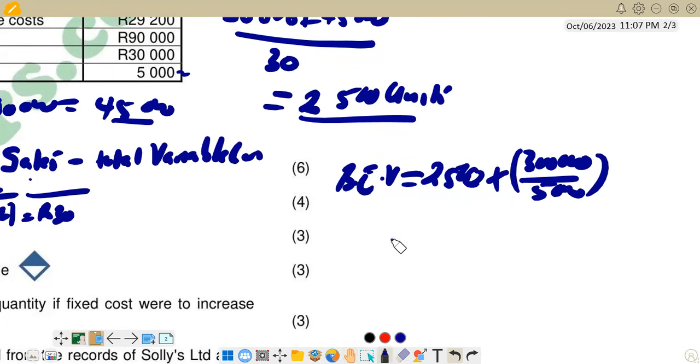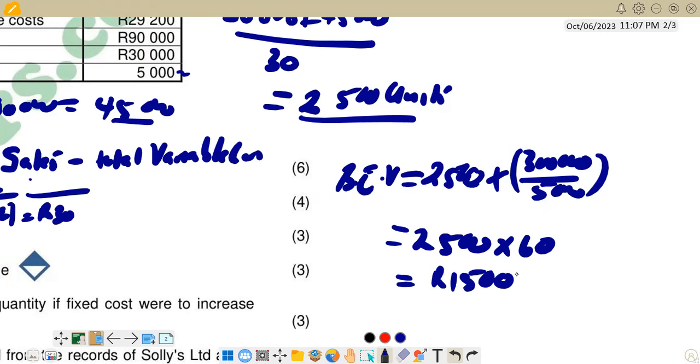So we are now saying 2,500 times 60. So if you multiply it correctly, you're supposed to get 150,000. So this is our break-even value. Then we go to the next one. Let's check the next question.